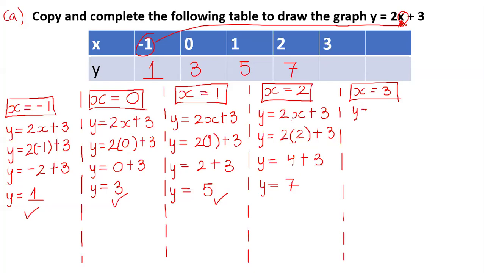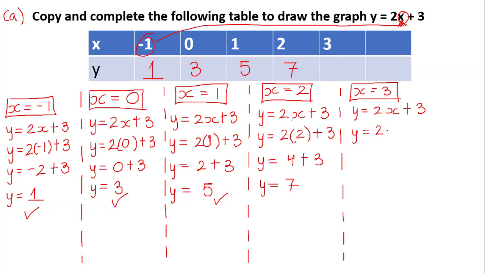Don't forget there's a row of y's too. It goes up by like 2 every time. So y is equal to, instead of putting x, we're gonna put 3.